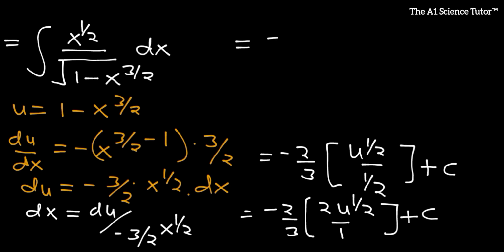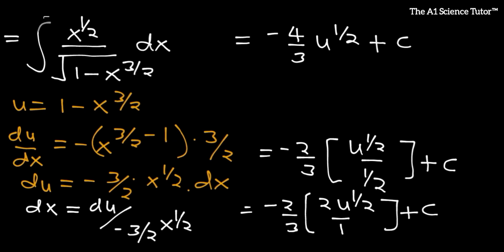So this will be negative 4 divided by 3, and this will be u raised to the power of 1 over 2 plus c. Now we know that this could actually be rewritten as the square root of u plus c.